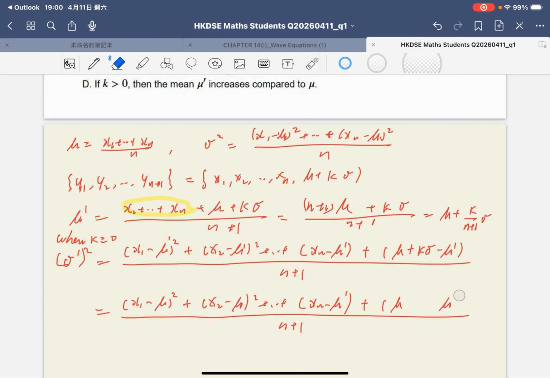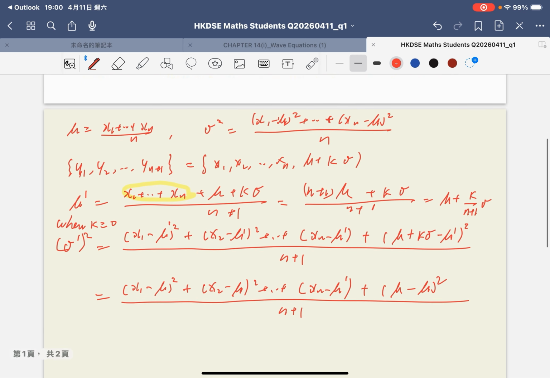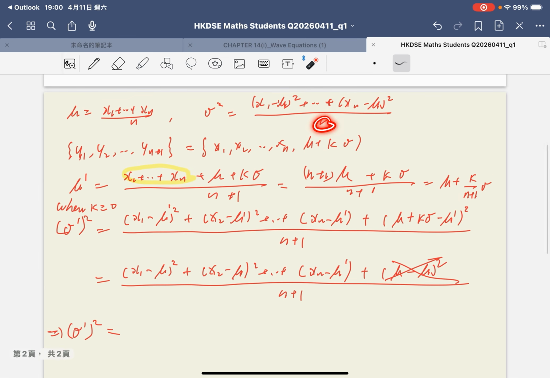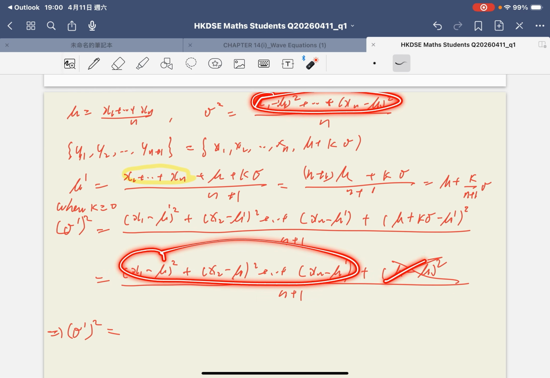That is mu minus mu, so this term is 0. And you can see that sigma pi square equals, you can multiply to the other side, this part is actually n times sigma square, and this part is 0.